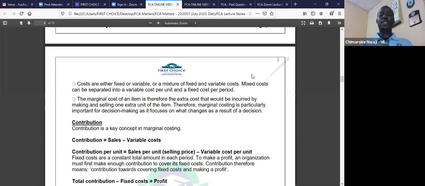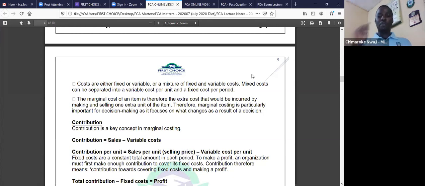So there are certain decision parameters, and we will now say, okay, what if I change this parameter? What will be the result? What will be the impact on my decision? If this parameter now changes, how does it affect the results? How does it affect my decision? All this is made possible by marginal costing.